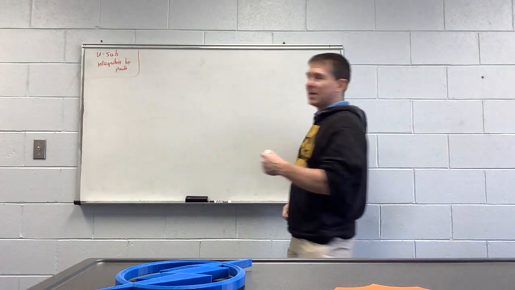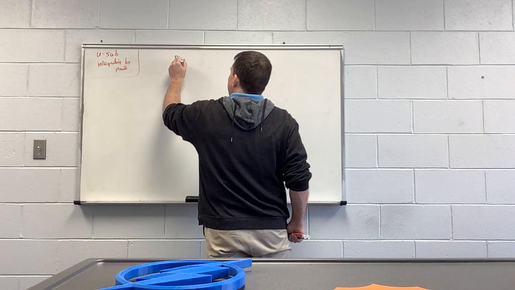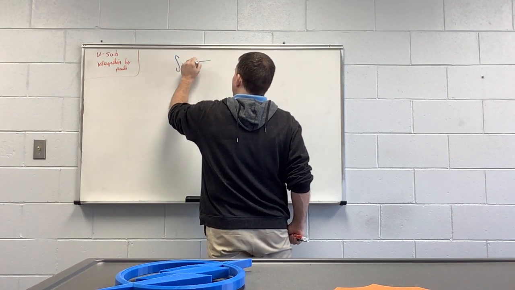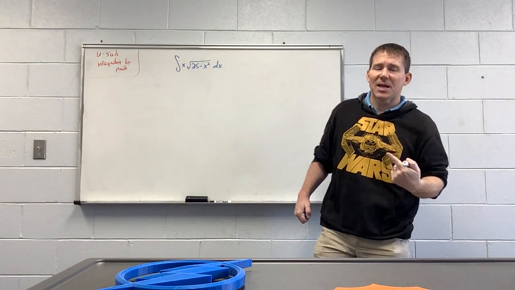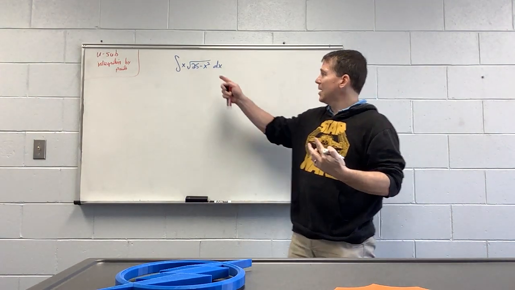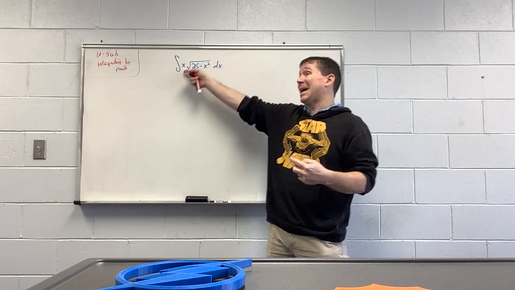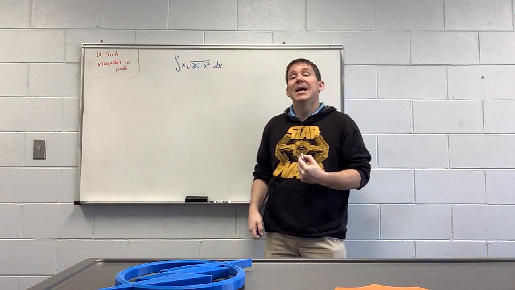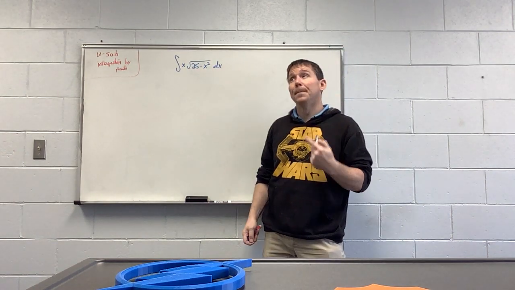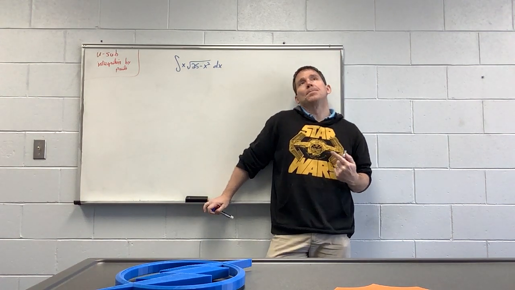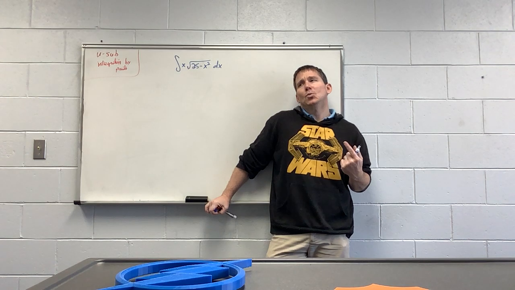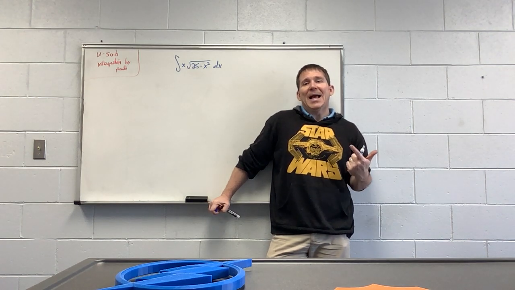So just really quickly, suppose I have the integral of x times the square root of 25 minus x squared dx. And we understand right away there is a problem here, because I have a radical with an x inside of it and an x on the outside. As far as tricks go, much like with differentiation in this class, with integration we're going to have a bunch of tricks.